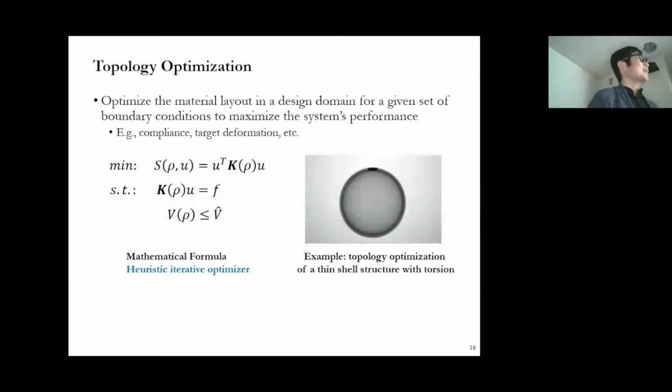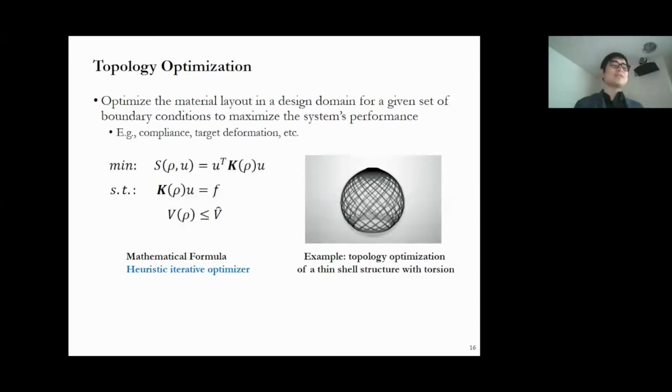That is something called topology optimization. We want to optimize the material layout in a given domain for a given set of boundary conditions, like two points are fixed and one point has a force, and to maximize the system's performance, for example, the compliance. This is actually an optimization problem with two constraints, right? The first constraint is the physical constraint, describing the elasticity, Ku equals F. The second constraint is the volume constraint.